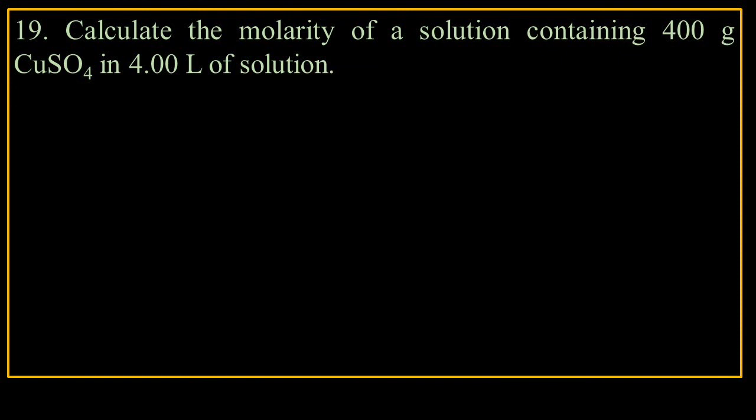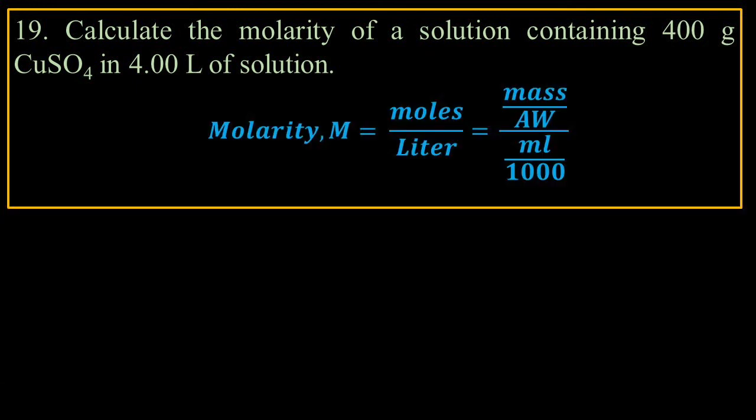Calculate the molarity of a solution containing 400 grams of copper-2 sulfate in 4 liters of solution. Well, the first thing you're going to have to do is recognize what the formula is, and there it is. We're going to use the one on the far right, and that is going to be the mass of copper-2 sulfate divided by the atomic weight of copper-2 sulfate.